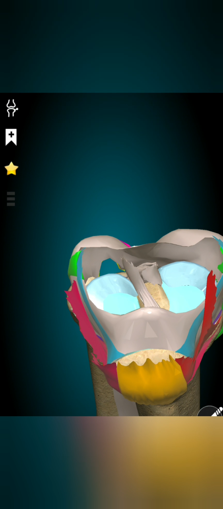The main function of these menisci is to deepen the joint. They're on the proximal surface of the tibia, and they make the joint deeper so the femur can sit inside, and it prevents dislocation of this joint. So these are the main static factors of the knee joint.